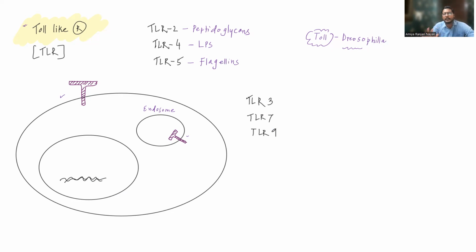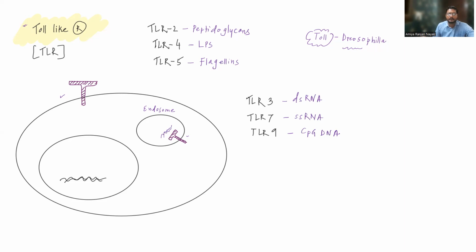The toll-like receptors that are present on the endosome are going to identify the genomic components. Basically, TLR3 is going to identify double-stranded RNA, TLR7 is going to identify single-stranded RNA, and TLR9 is going to identify CpG DNA.